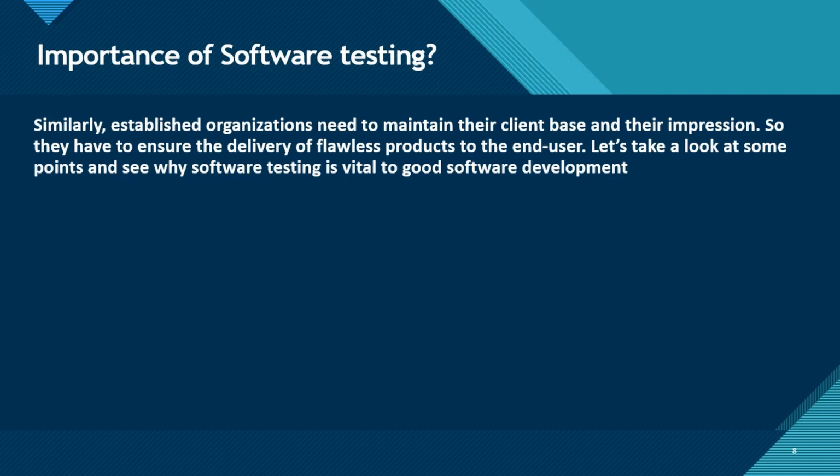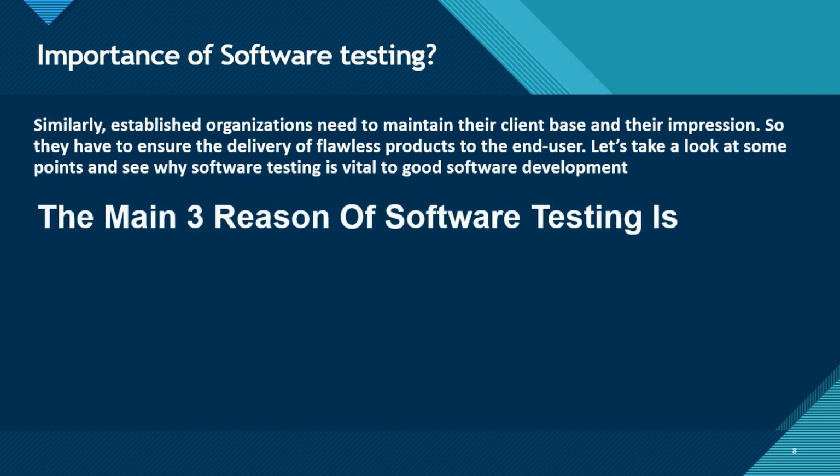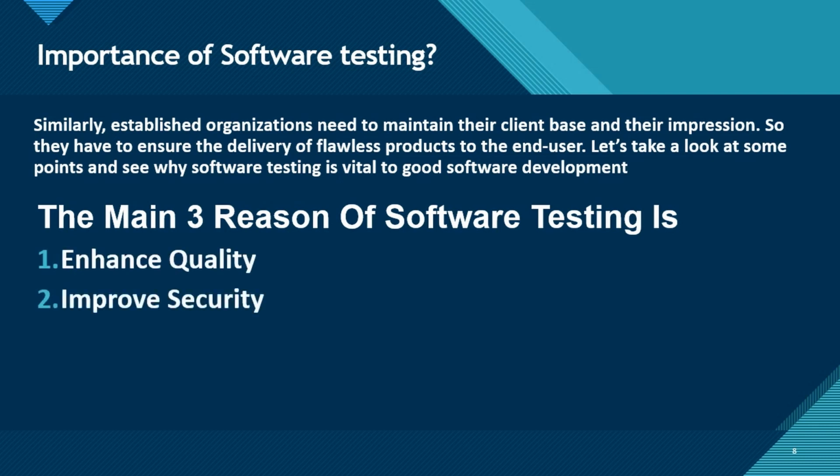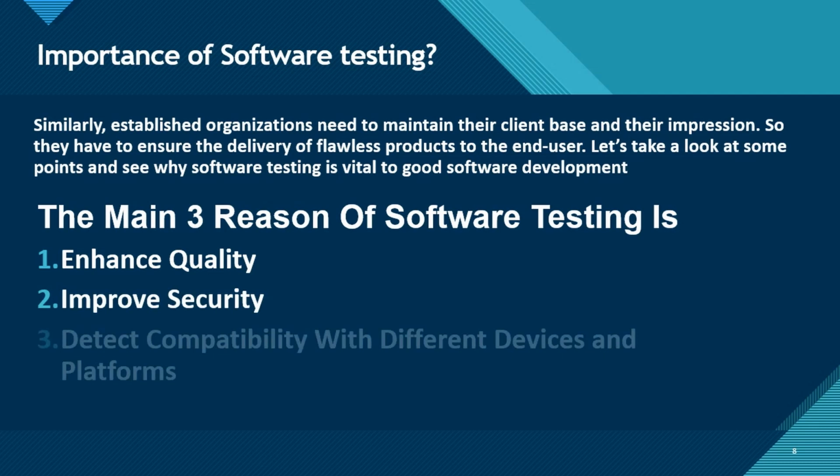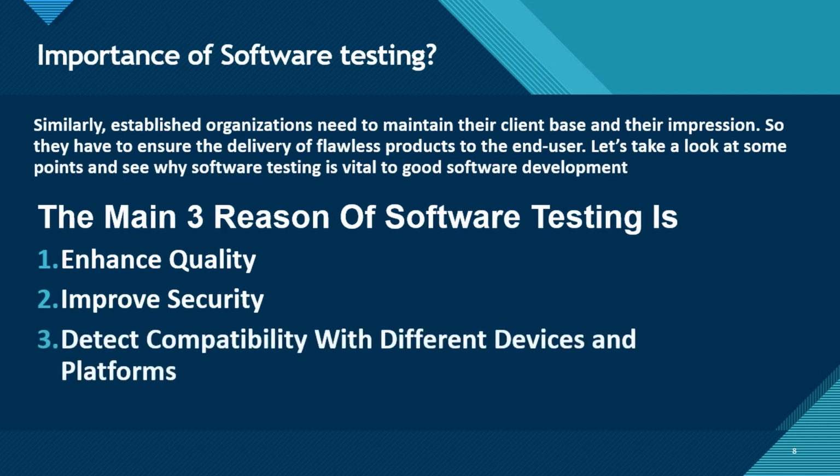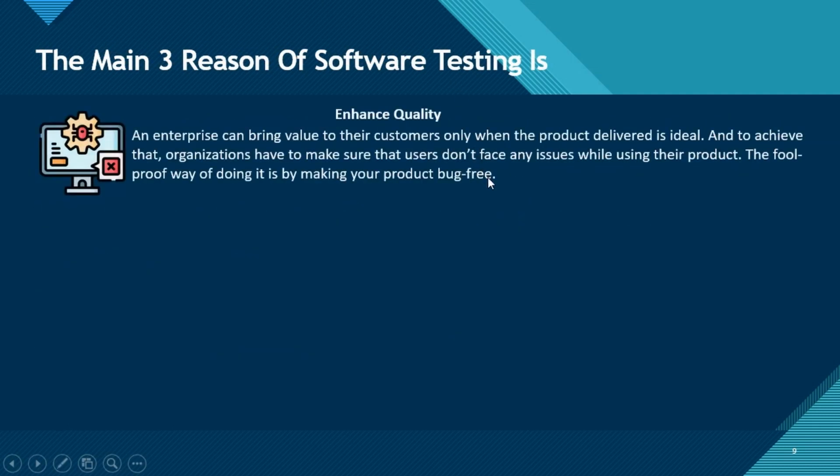Let's take a look at some points and see why software testing is vital to good software development. The three main reasons for software testing are: 1. Enhance quality. 2. Improve security. 3. Detect compatibility with different devices and platforms. Now let's see these three reasons in detail. 1.